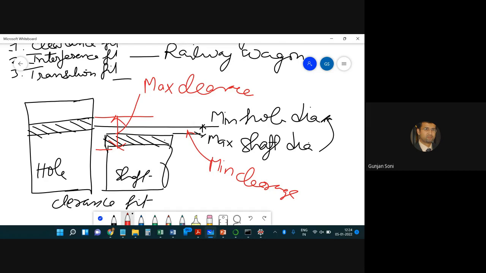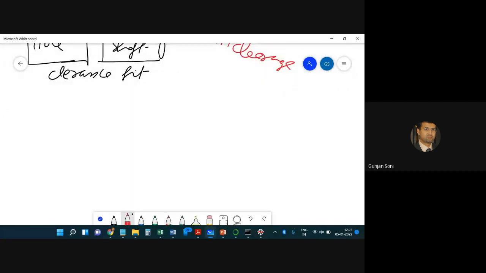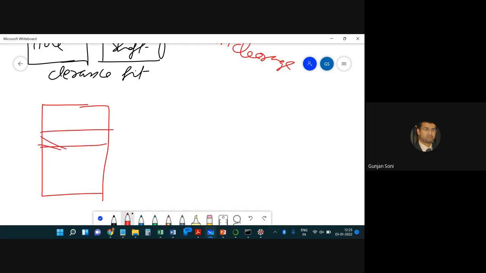So similarly, can you define the tolerance zone of shaft with respect to hole for interference fit? Can you make a figure, all of you, similar to this one. So let's say this is the hole, this is the hole tolerance, and this is your shaft.